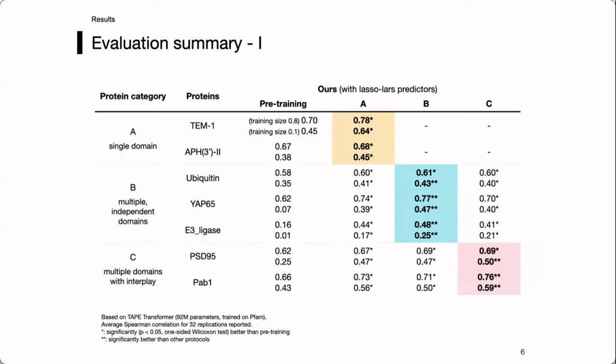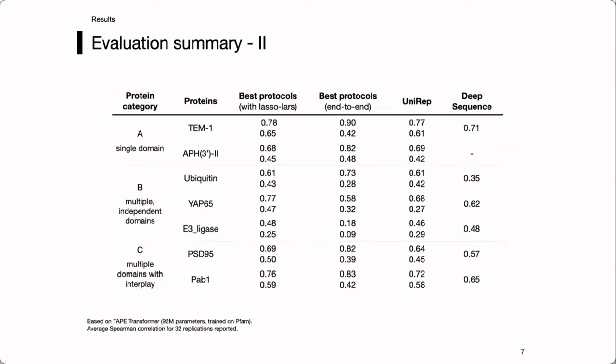The results are as follows. As shown in the table, each Evotuning model outperformed the pre-trained counterparts. Moreover, domain architecture-aware protocols achieved better performances than domain architecture-unaware ones. For example, for YAP65 in protein category B, protocol B, which was considered suitable for the category B proteins, indeed achieved significantly better accuracy than others.